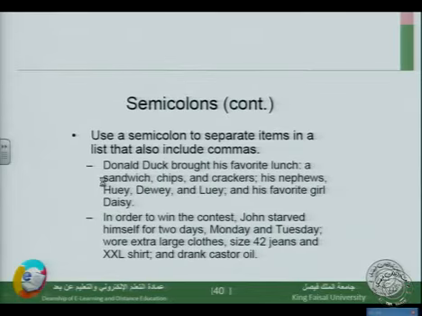Use a semicolon to separate items in a list that also include comments. For example, Donald Duck brought his favorite lunch, a sandwich, chips, and crackers; his nephews, Huey, Dewey, and Louie; and his favorite girl, Daisy.